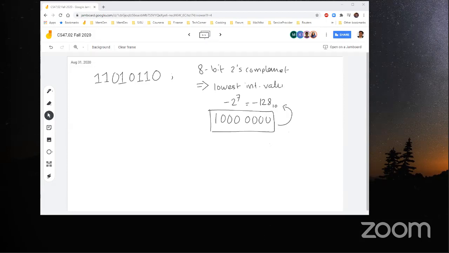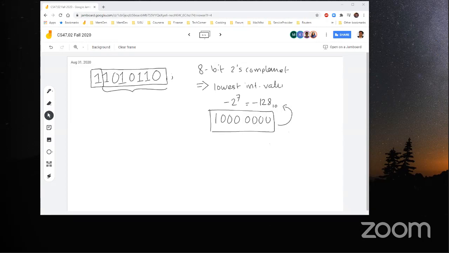Here is what we shall do now. We first separate them out into two parts. One is the leading bit, and then the remaining 7 bits we convert into an unsigned decimal.